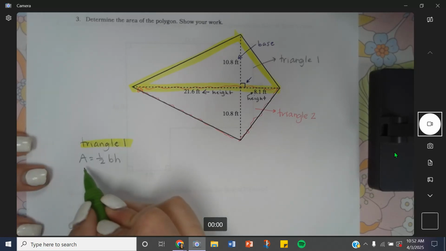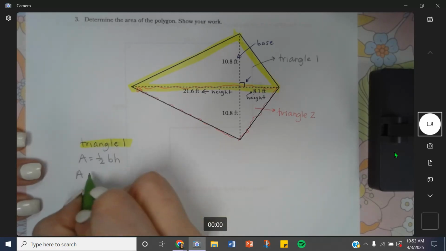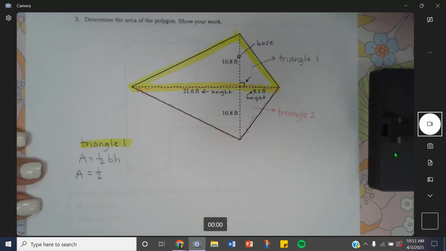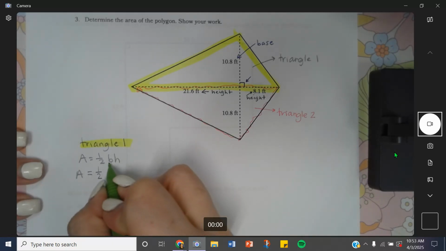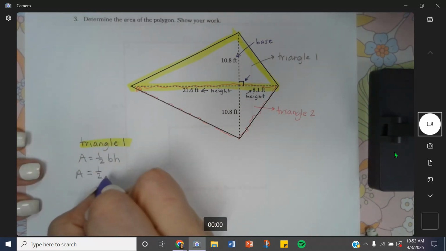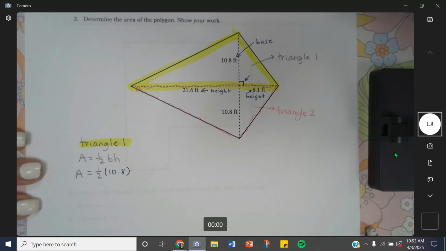All right, so let's take our formula and fill in with what we know. I don't know the area yet, so I'll rewrite my A. I'll bring down my equal sign. I'm not working with my 1/2 yet, so I'll rewrite that. The base we said was 10.8, so I'll rewrite that.